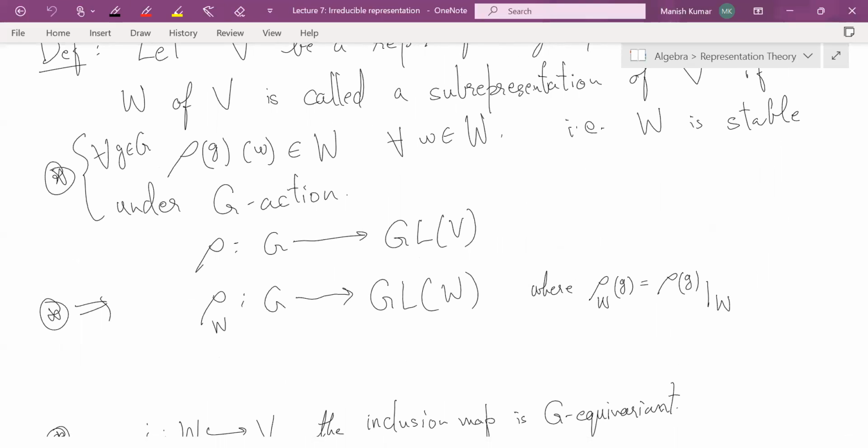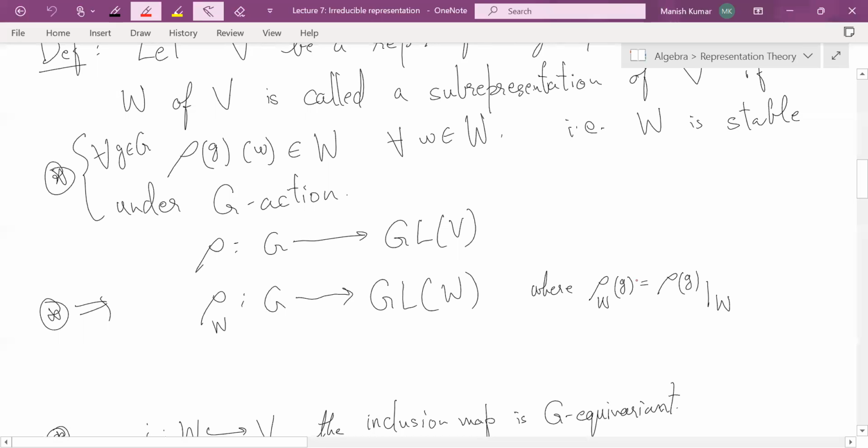If you are given a representation rho, that means you are given this homomorphism G to GL(V). And of course, if you take a sub-representation, then you get this map G to GL(W) as well. How does this map go? It's just the restriction.